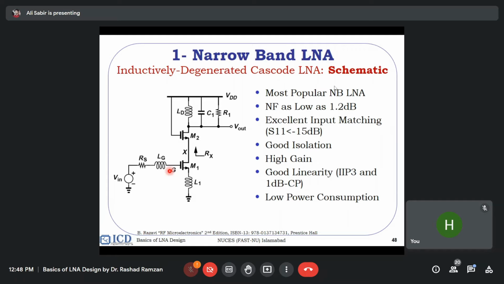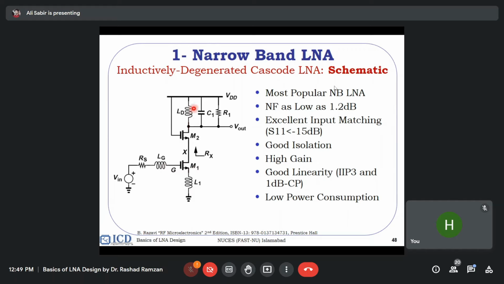It's a capacitance basically. But here we need a 50 ohm matching so that our S11 is better than -10 or -15 dB. So we are using these two inductors to compensate this capacitance so that the input becomes 50 ohm. These two inductors have no role other than matching.